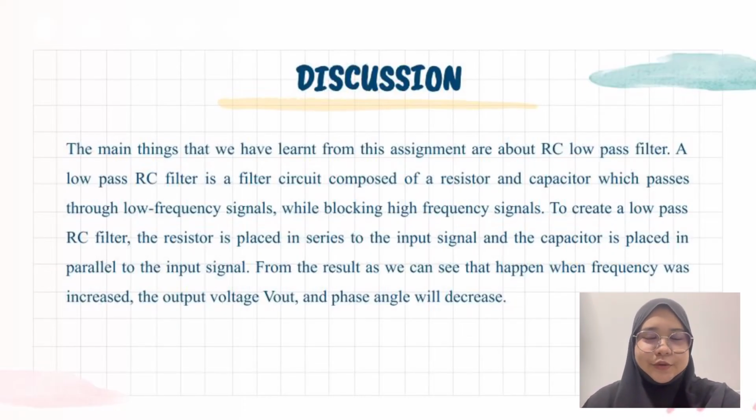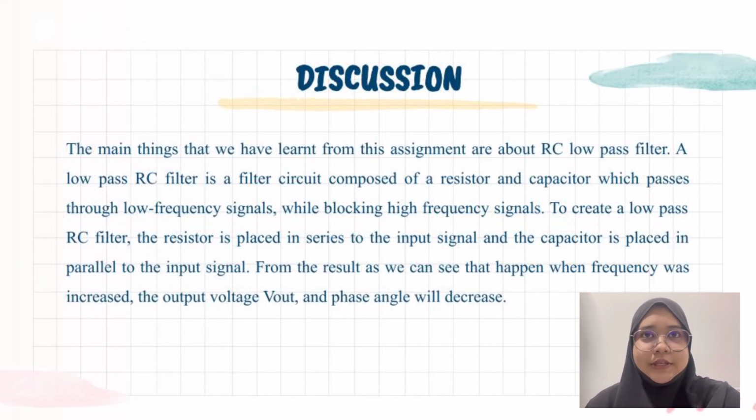My name is Nurul Najib Hamid Rosli, matric number B082110357357. I would like to present the discussion from this assignment. The main thing that we have learned from this assignment is about the RC low pass filter.